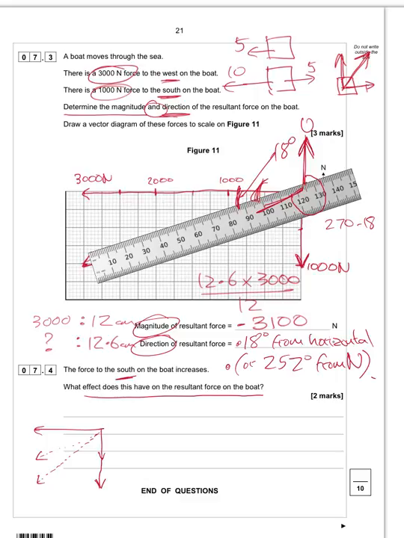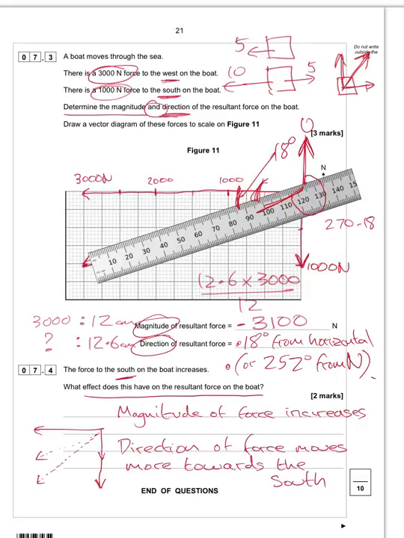So we can say that the magnitude, in other words the size of the force, increases, and we can also say that the direction of the force moves more towards the south.